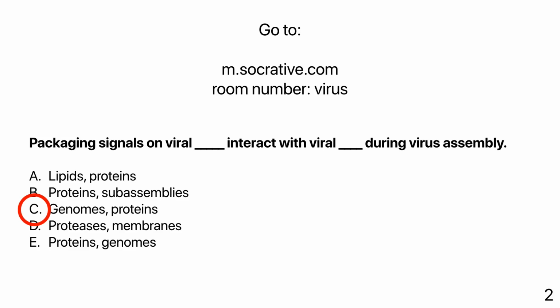So the answer, of course, is genomes and proteins. Packaging signals on viral genomes interact with viral proteins during virus assembly. Some of you picked proteins and sub-assemblies, but there's no genome in there, so we have to have genome. Proteases and membranes, again, there's no genome. Proteins and genomes, a packaging signal is not on a protein, it's on the genome, so that's reversed.